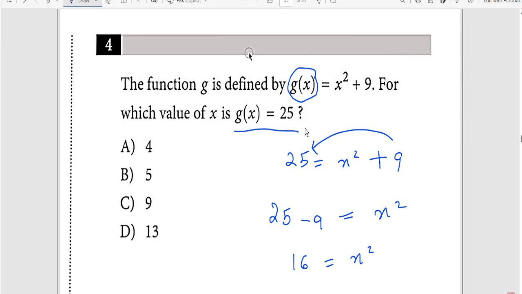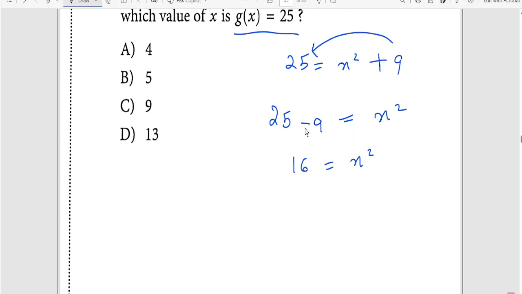Now I need to solve it for x. So I need to take the square root on both sides to get x. This side I have x. Square root of 16 is 4, right? So I get plus minus 4. Why do we get plus minus 4? If you square positive 4, you get 16.